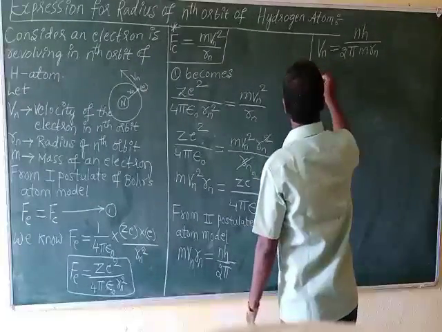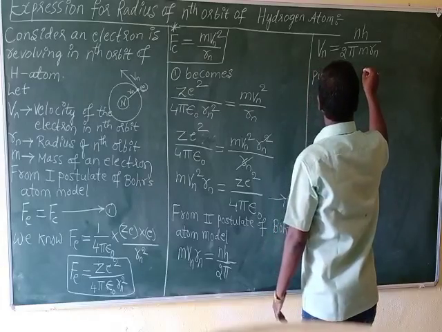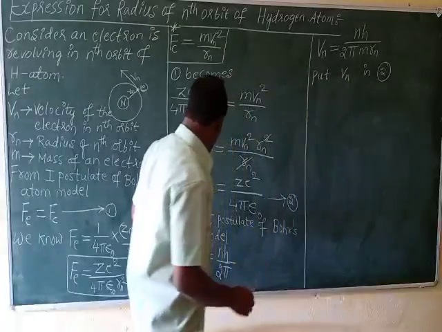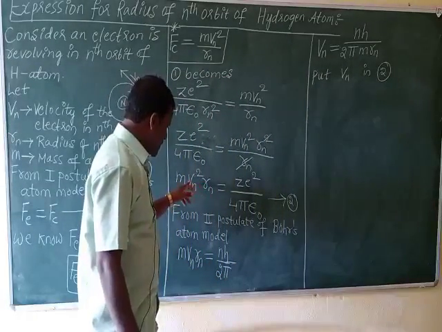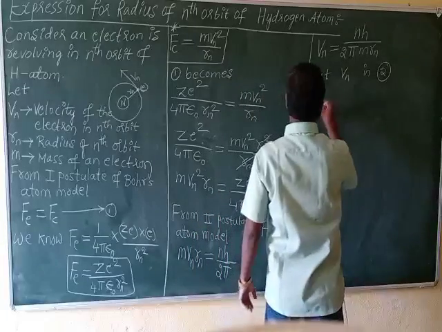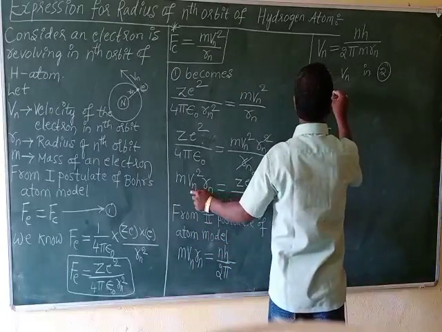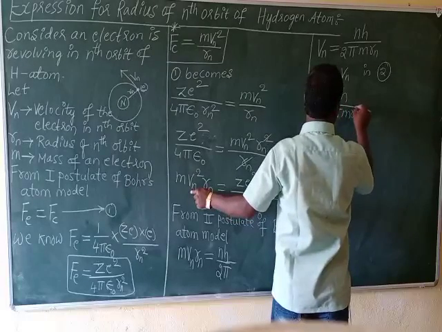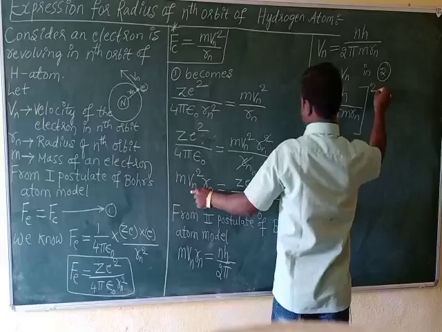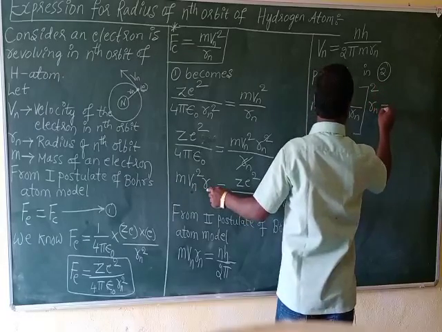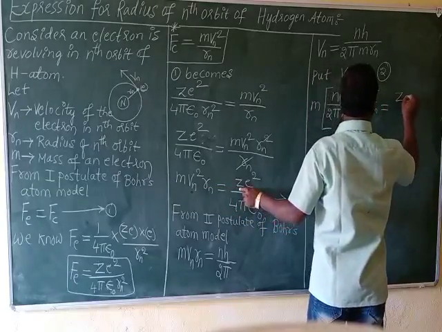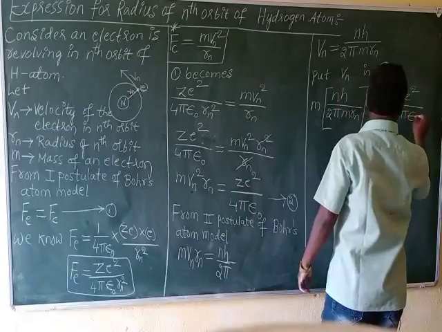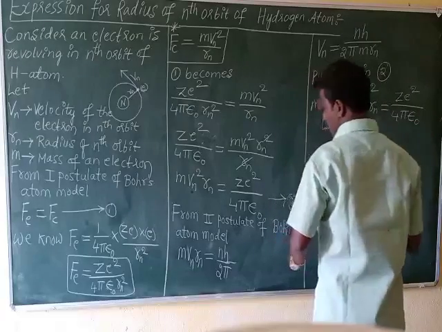So put Vn in equation number 2. In m vn square Rn, at this place, m into Vn square, the value of Vn is nh by 2 pi m Rn, squared, into Rn equals Z e square divided by 4 pi epsilon.